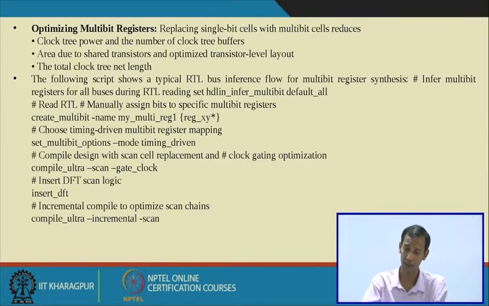In the previous example, we have seen that using this scan insertion we are creating the multi-bit registers, and then again we are running compile_ultra in the incremental mode, then we are trying to optimize the multi-bit registers.